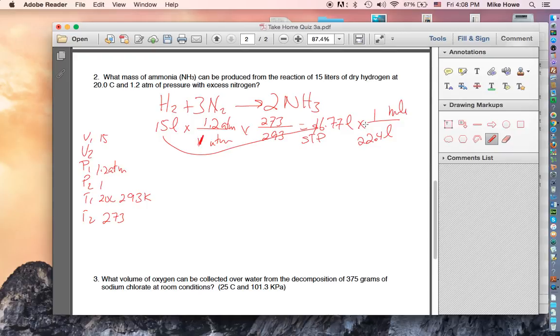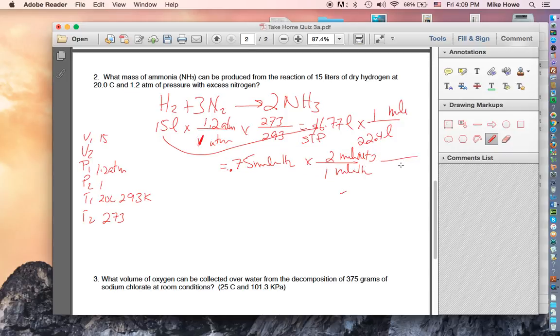Okay, so now if I take that number divided by 22.4, turns out that I have 0.75 moles of hydrogen. So I know I put moles of hydrogen on the bottom, moles of ammonia on top. 2 is 1. So that's 1.5 moles of ammonia, but go ahead and change it into grams.